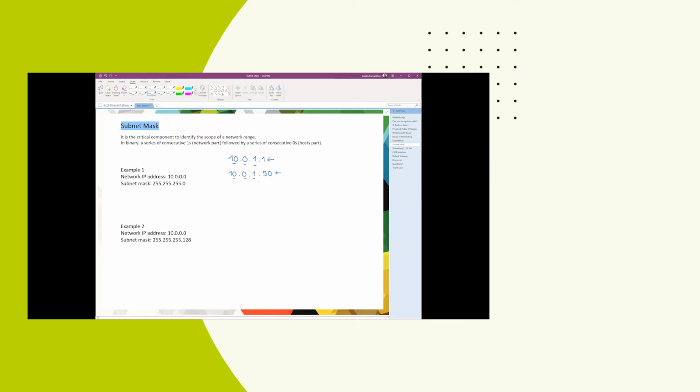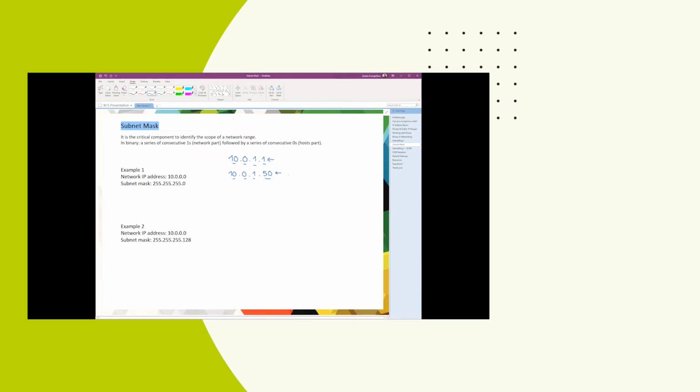Somebody not very into networks might say, okay, these two hosts, these two computers, quite likely belong in the same network. Can we say that? Can we say with certainty that this dot 1 device belongs to the same network as the 50 device?